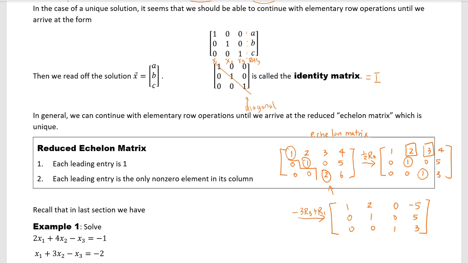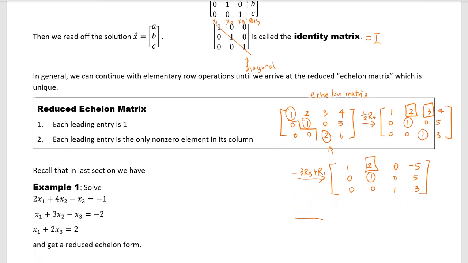Then we can also use this entry to clear the entries above it. So we do minus 2R2 plus R1. We get 1, 0. And now let's copy the third row and the second row.